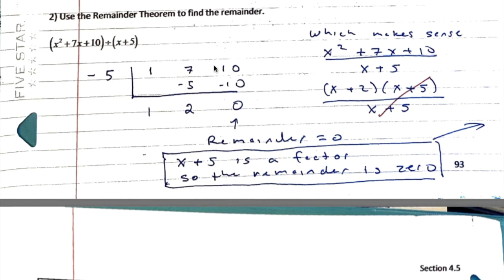If we think of this old school, just written as a fraction, and I factor that numerator, remember what multiplies to be 10 and adds to be 7, 2 and 5, I can just reduce that out, and I can see that this divided into this is going to come up x plus 2, which is what we're getting right here. And that's because this is a factor, so it goes in evenly, so I should get remainder 0.